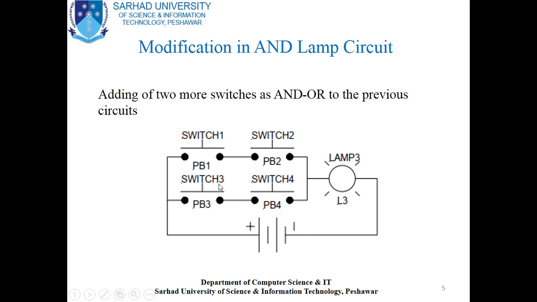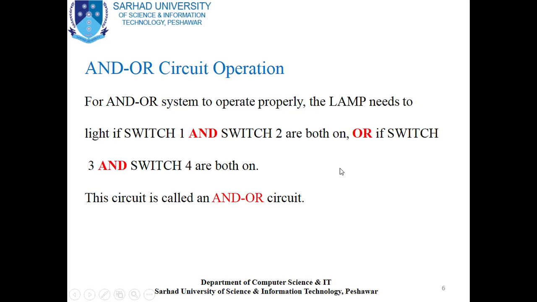If we press switch 3 and switch 4, lamp 3 will be on, because these two switches and these two switches are connected in OR form. OR means in parallel form. Here you can see OR connection, which means parallel connection.